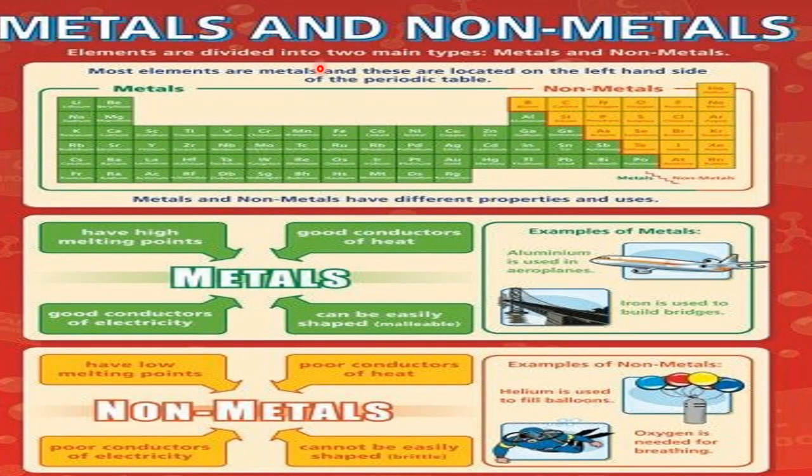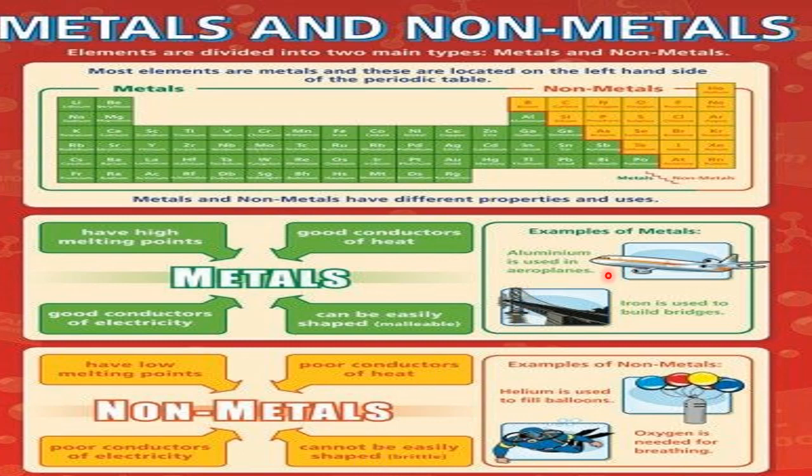Again, the same thing is told here. Periodic table. The green are the metals and the yellow are the non-metals. Metals have high melting points, are good conductors of heat and electricity, and can be easily shaped, malleable. Non-metals have low melting points, are poor conductors of heat and electricity, and cannot be easily shaped, brittle.